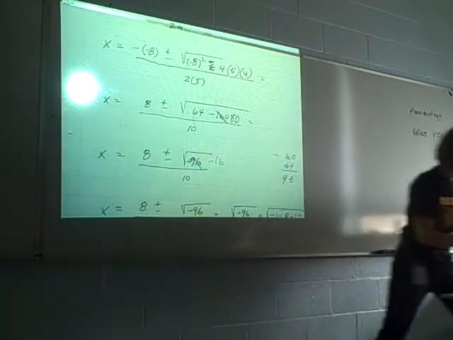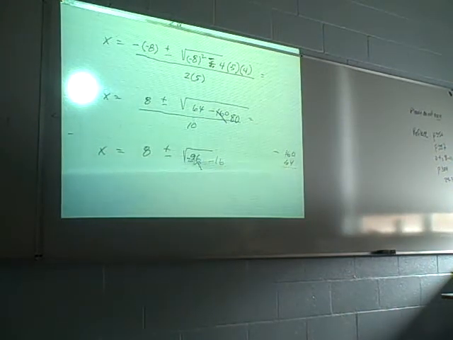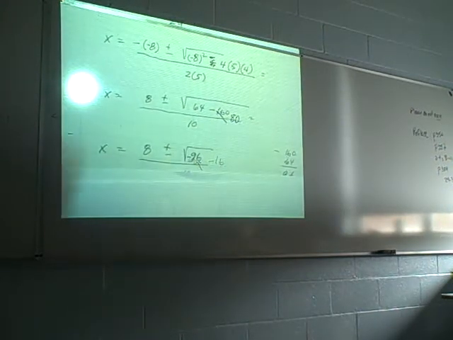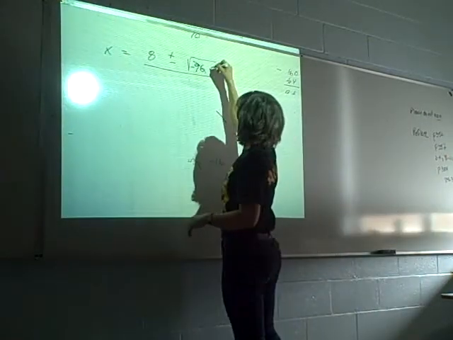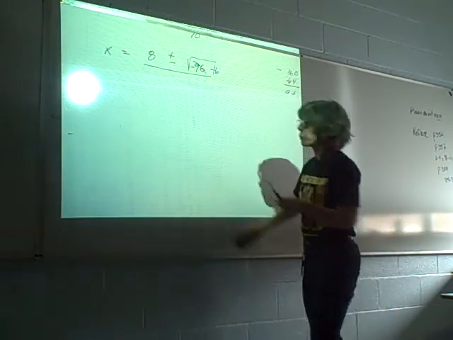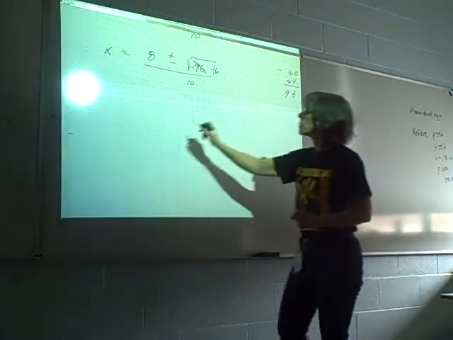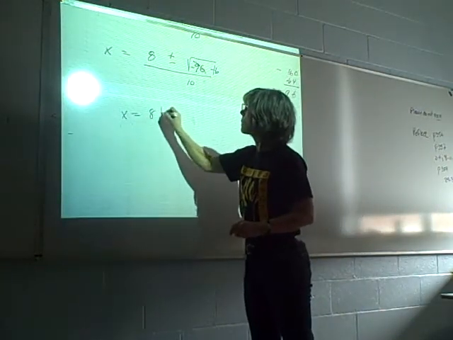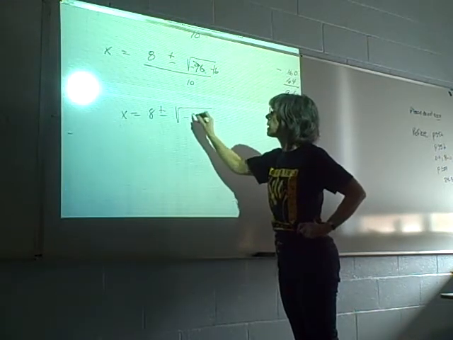So if I have a negative 16, I guess I could just do the whole thing out right here. All right, I need to move this up. So I'm going to have a negative 16, and it's over 10. So I'm going to have x equals a plus or minus. What is negative 16?